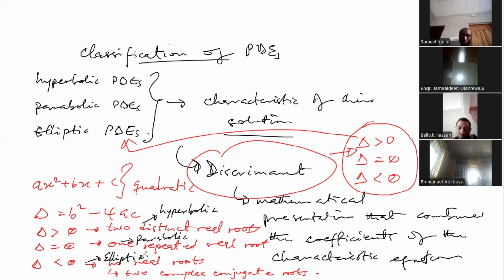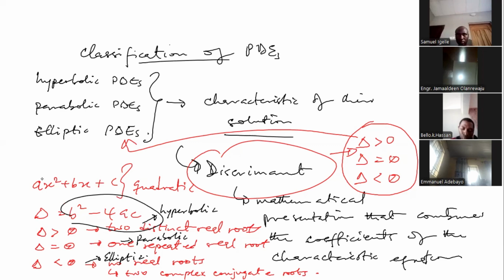But there is a twist in this, because here we are dealing with a quadratic equation. What if we now have to deal with a second order partial differential equation? Okay, let us switch things now. So let's see what will happen to this discriminant.